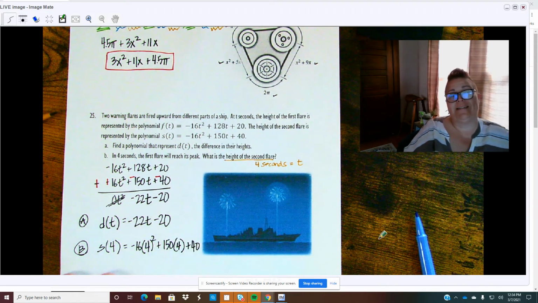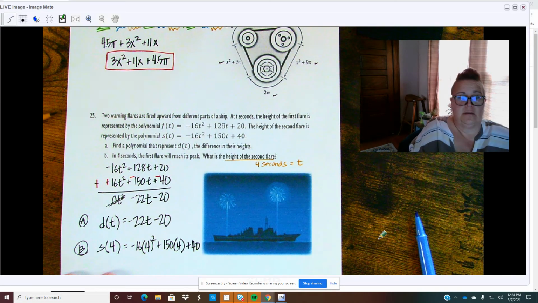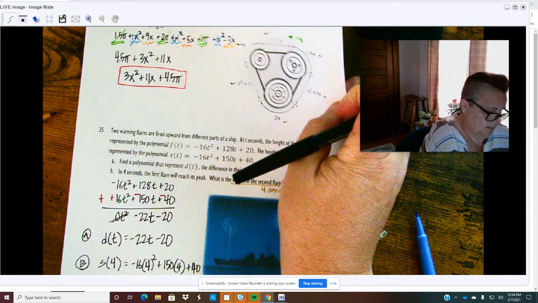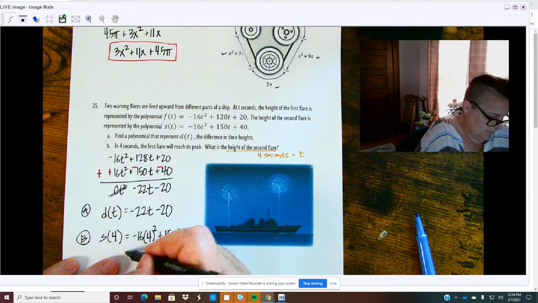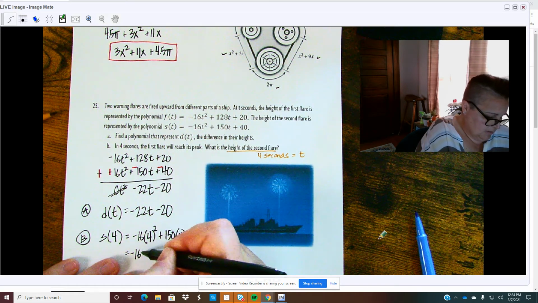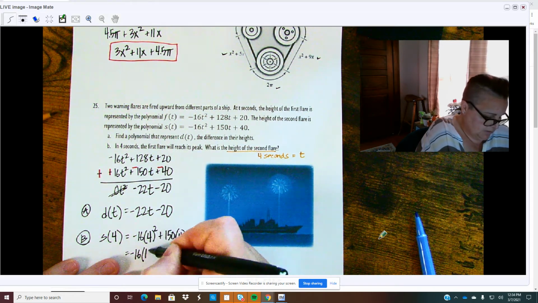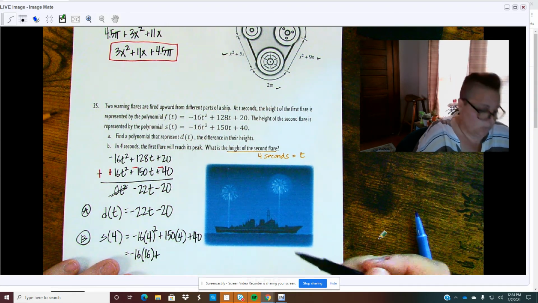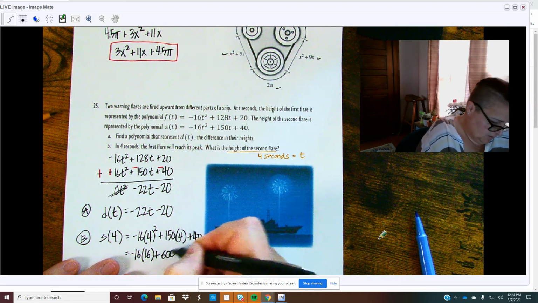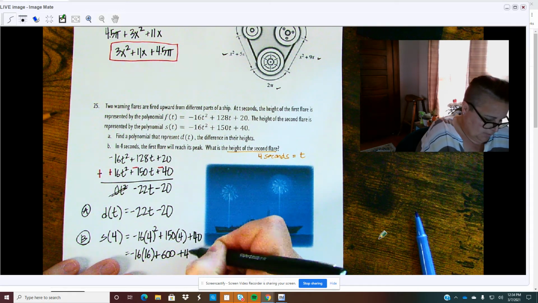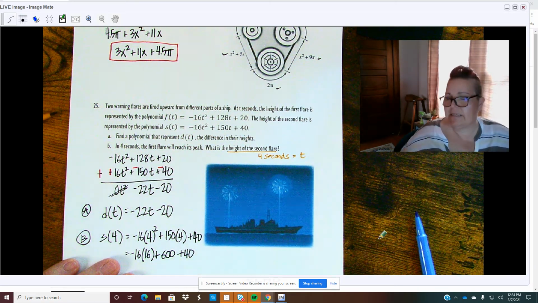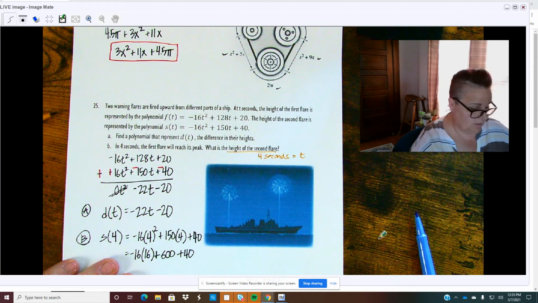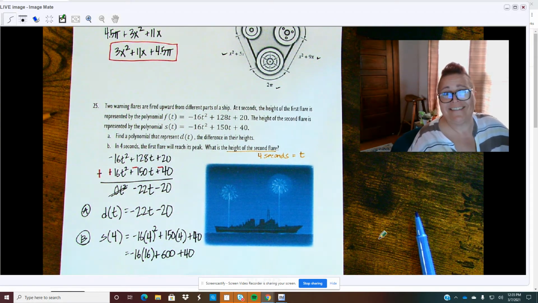It's a good thing we did a little bit of this plugging them into the functions, right? Okay, so this is going to be a negative 16 times 4 squared, which is 16, plus 150 times 4, which is 600, plus 40. 16 times 16. Oh, I don't have my calculator. I want to say it's 256.